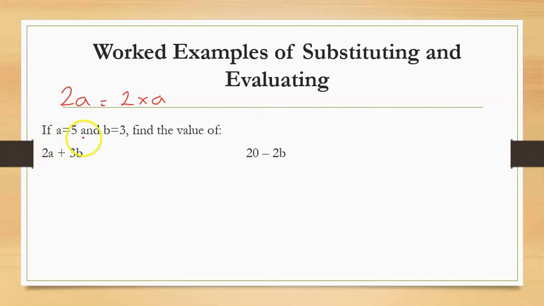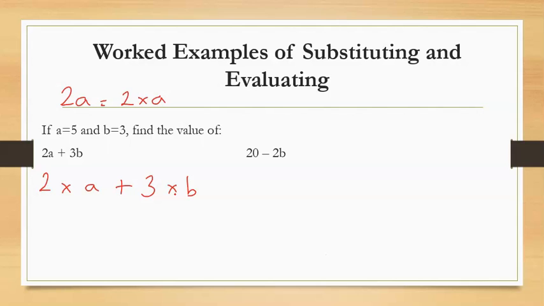So there's a hidden multiplication sign in between a variable and its coefficient, which is the number that sits behind it or next to it. So the first thing that we will do is expand that expression. So we've got 2 multiplied by a, and you're going to add to that 3 multiplied by b.